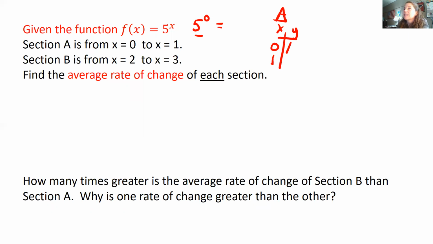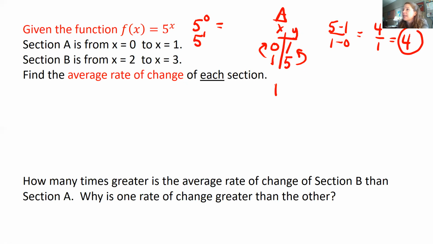And then what if x is 1? What is 5 raised to the first power? The answer is 5. So if we do the change in y over the change in x, in other words, 5 minus 1 over 1 minus 0, well, 5 minus 1 is 4, 1 minus 0 is 1, so the rate of change is 4 for section A.